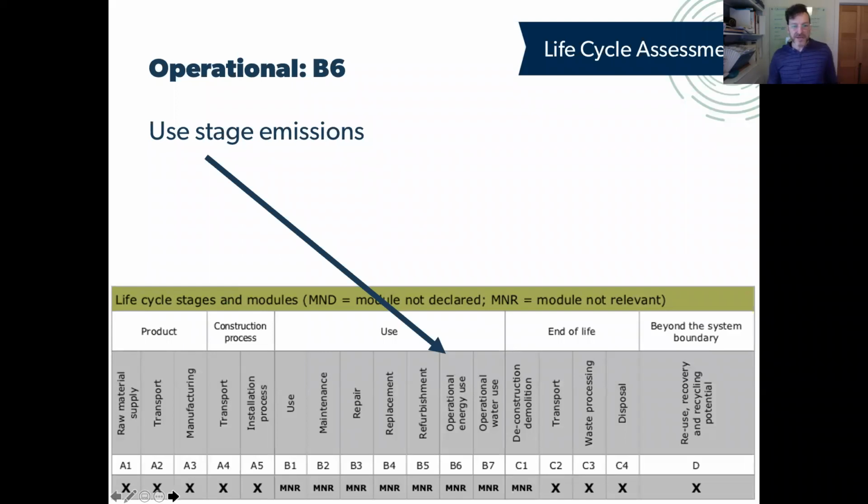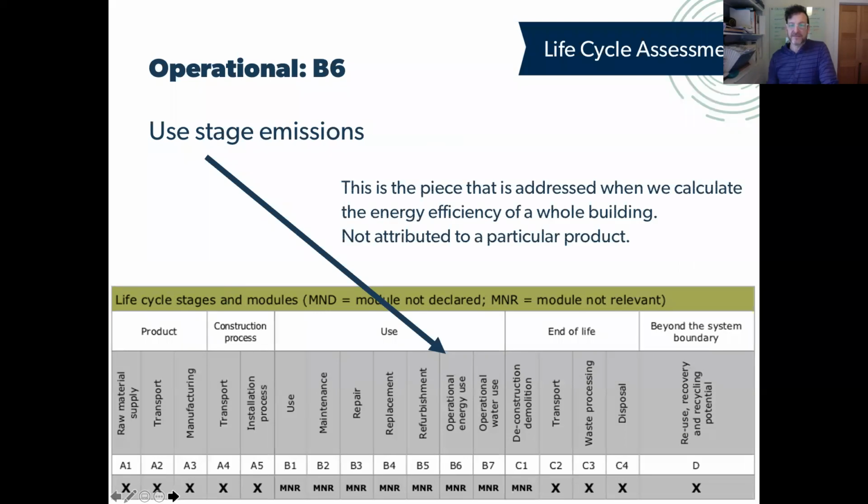The use stage emissions is the B category, and I've jumped ahead to B6, which is the use stage emissions. That's your operational energy use. So if any of you are coming from an energy advisor role, or have been focusing your building or design career on making energy efficient buildings, you've been addressing B6. And obviously that's not something that's attributed to a particular product.